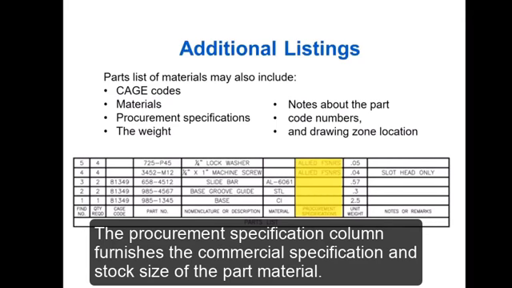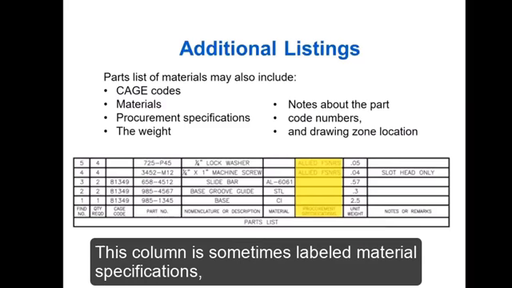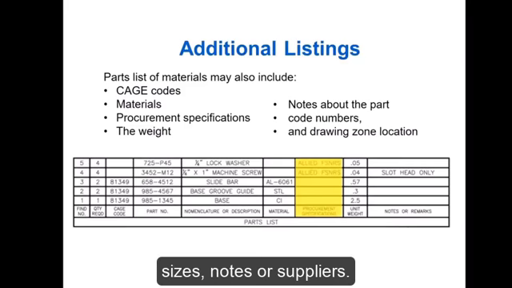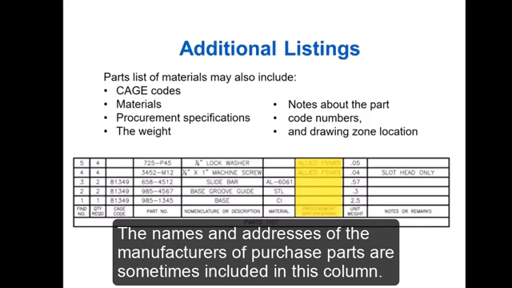The procurement specification column furnishes the commercial specification and stock size of the part material. This column is sometimes labeled material specifications, sizes, notes, or suppliers. The names and addresses of the manufacturers of purchased parts are sometimes included in this column.